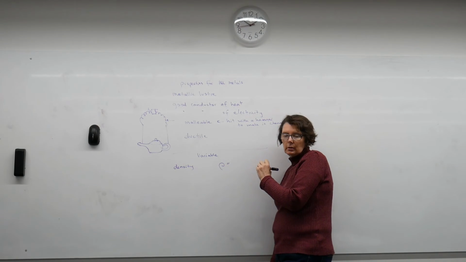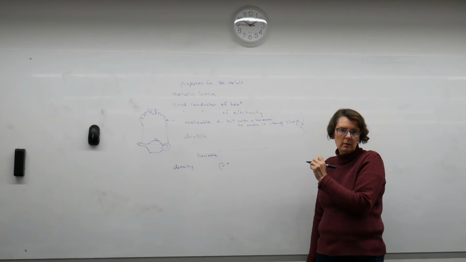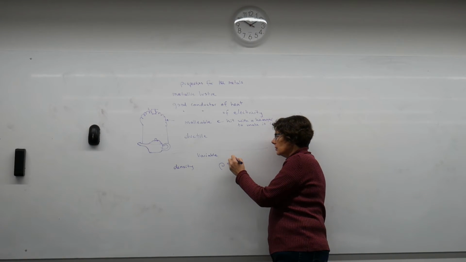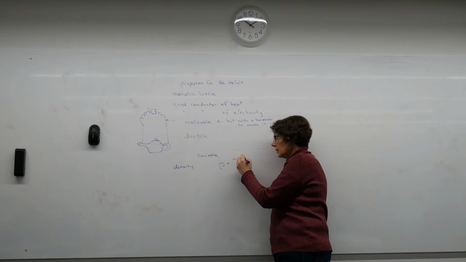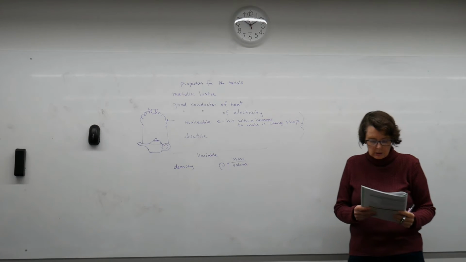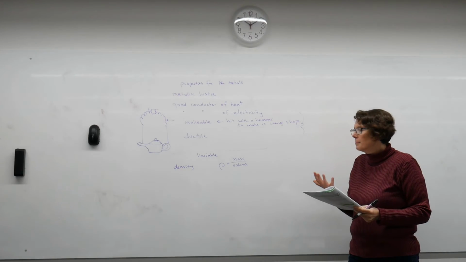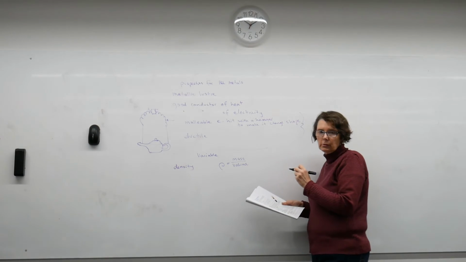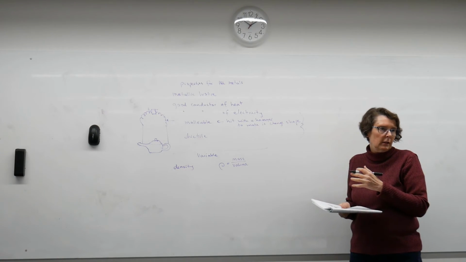Density, we normally use the symbol rho, or the Greek letter rho, is equal to mass on volume. And so some of our metals have a low density. For example, our group 1 metals, relatively light.